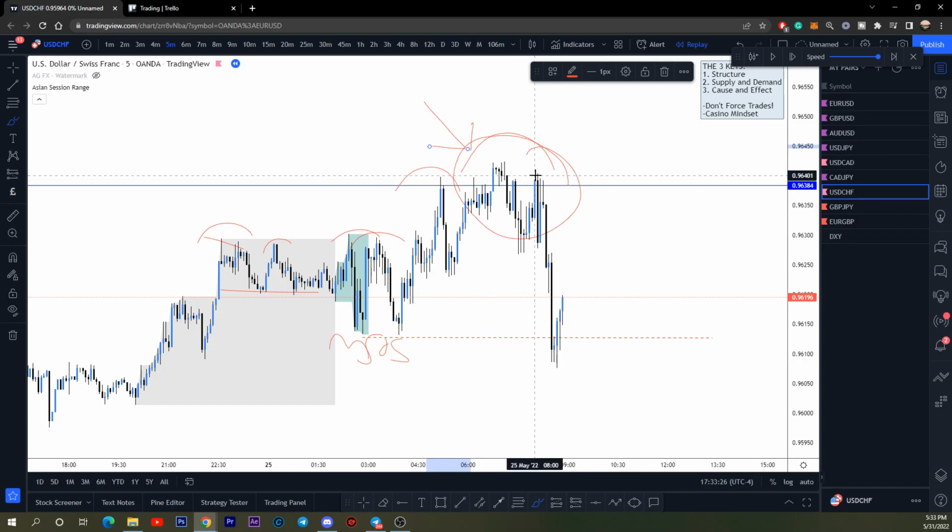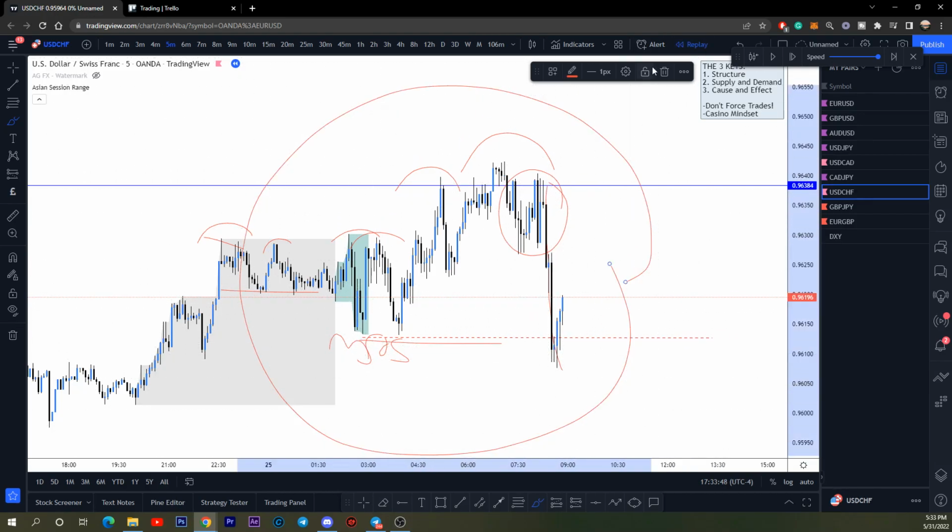So that first distribution on the fractal side right there was the indication that potentially this entire thing would be a distribution. So essentially that's what gave us that clue, okay? After that happens, we have that redistribution right here, as we were just talking about, and that redistribution led us to break this low, which confirmed our overall schematic.